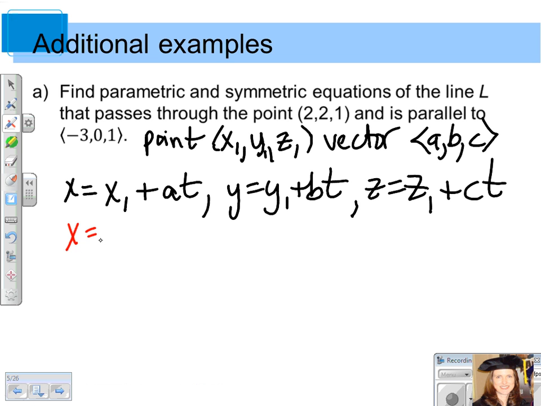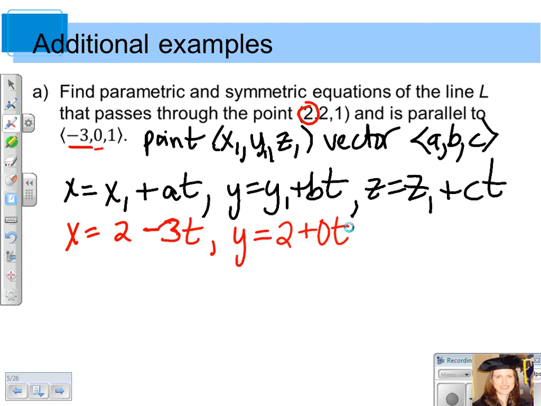Plugging in the information we're given, x1 is our positive 2, so x equals 2 minus 3t, using the a from the vector. y is equal to the y from the point, 2, plus the b from the vector, 0t.